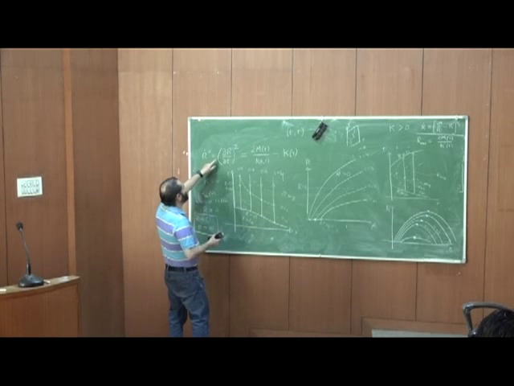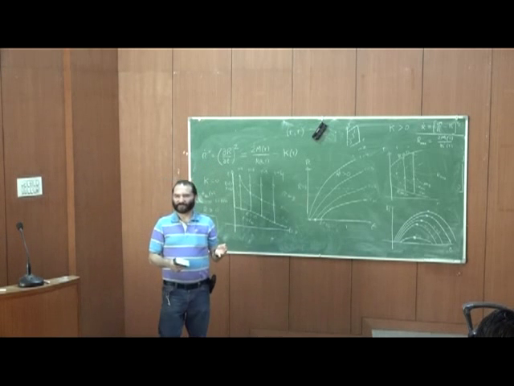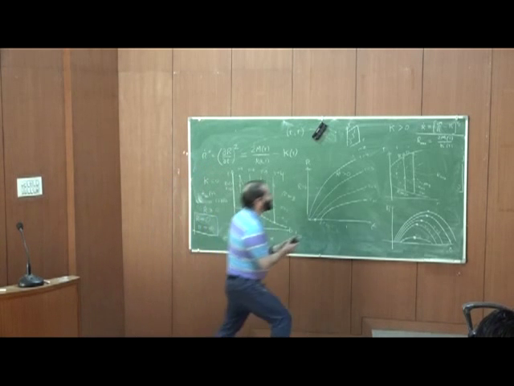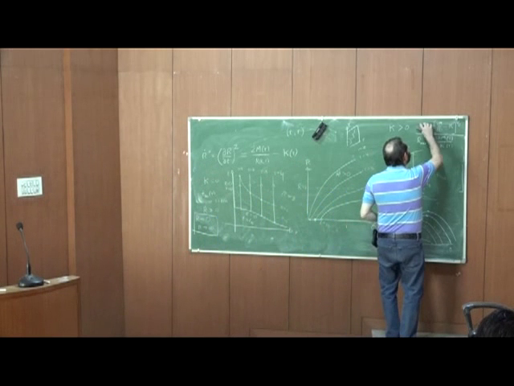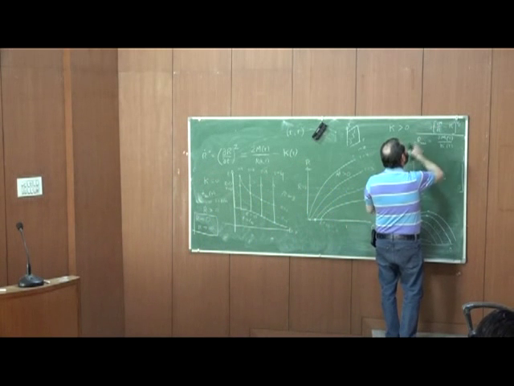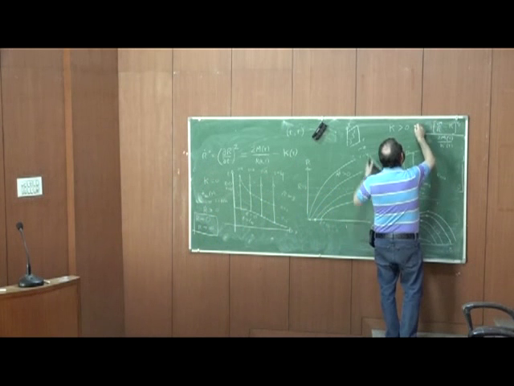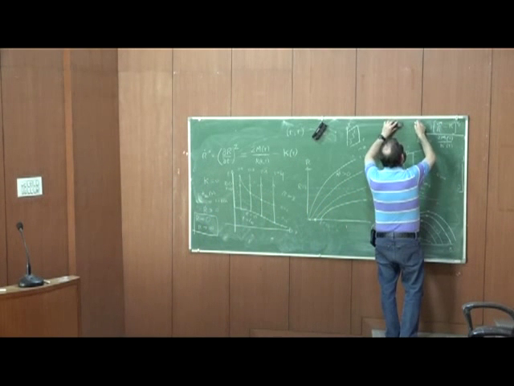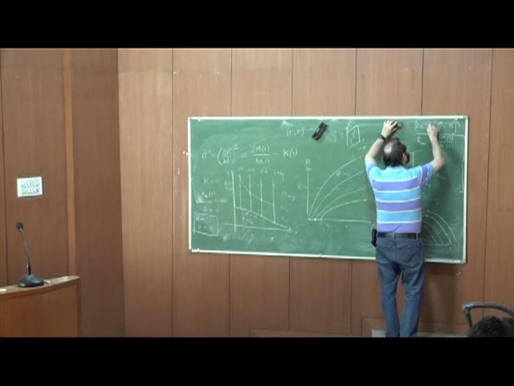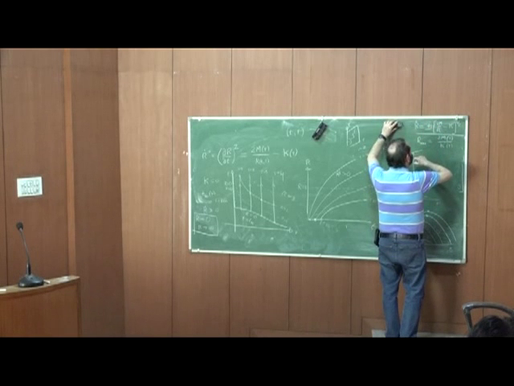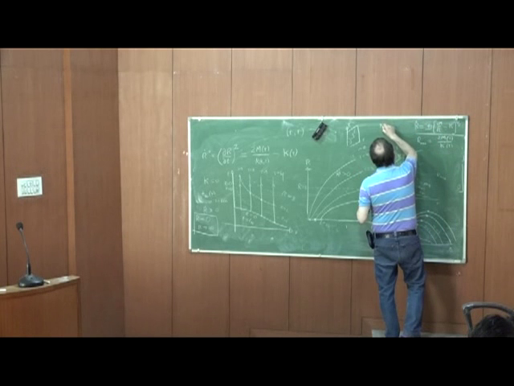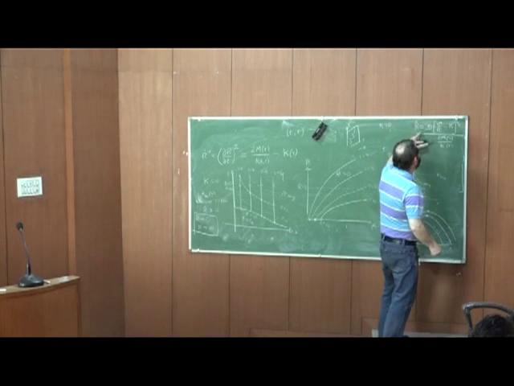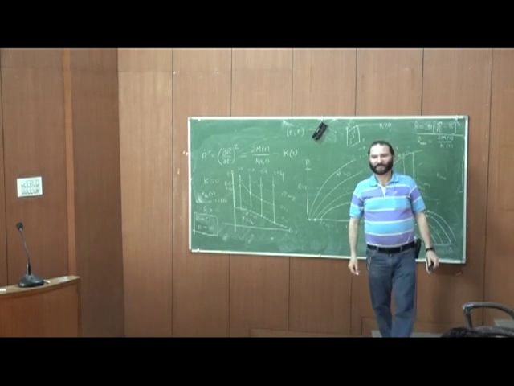This thing is quadratic, right? Therefore, strictly speaking, what is missing here is this plus minus. For k greater than 0, r dot is plus minus this.